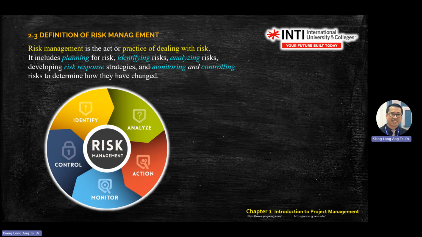This is risk management. Use this approach in your project report and elaborate on it. You identify the risks in your project, you analyze, you take action. What action do you take? How do you monitor the risk? How do you control the risk?